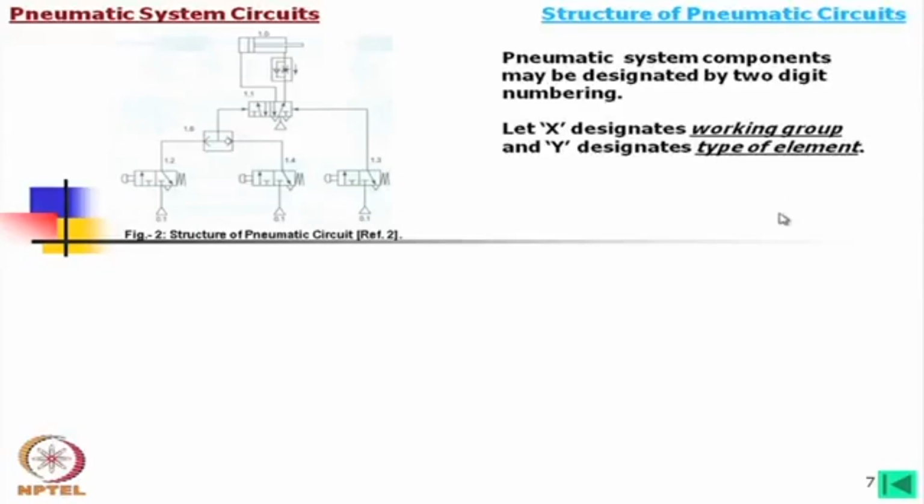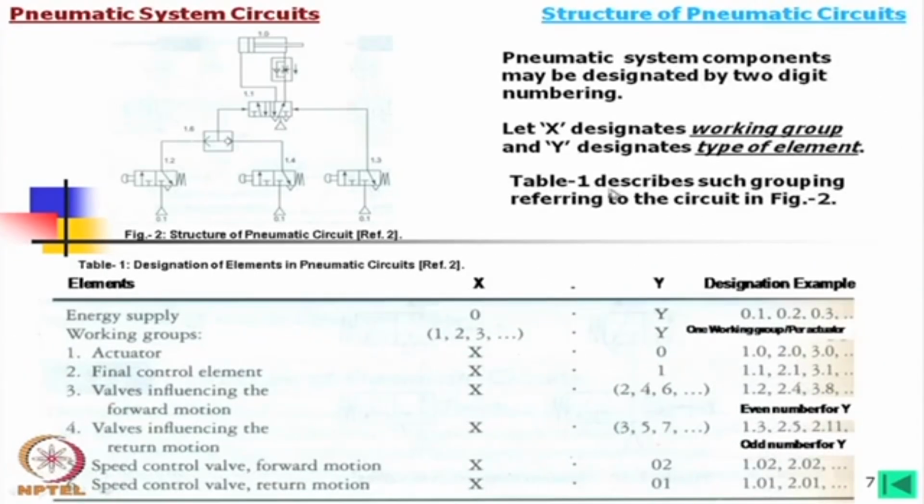Then x designates the working group and y designates the type of element. In this table, energy supply in the working group is 0, and the designation example y might be 1, 2, 3 depending on the different types.